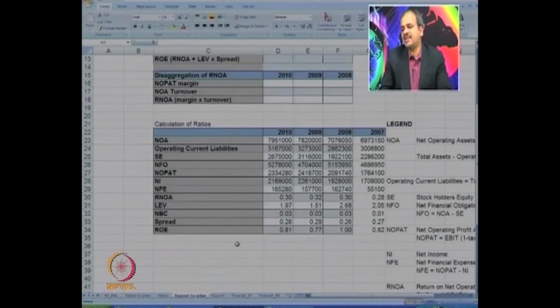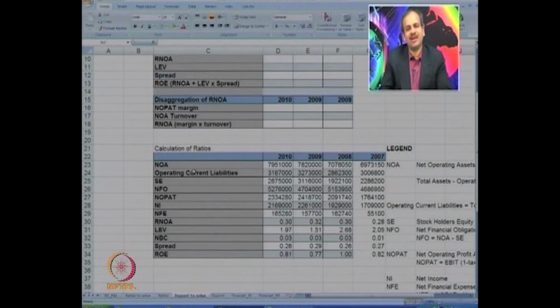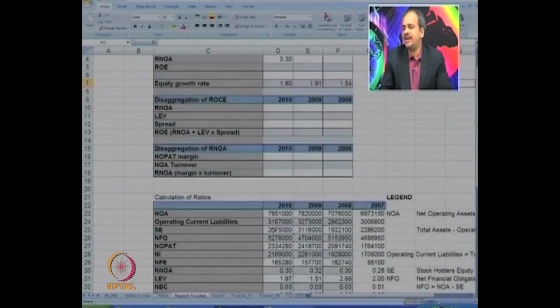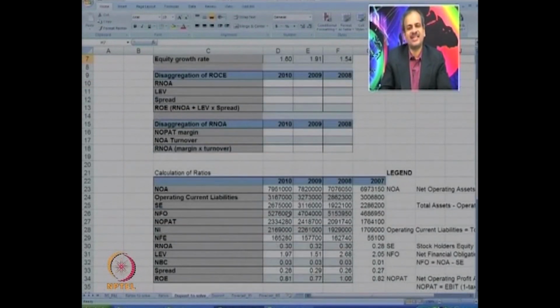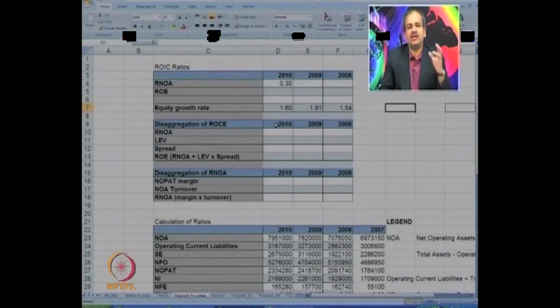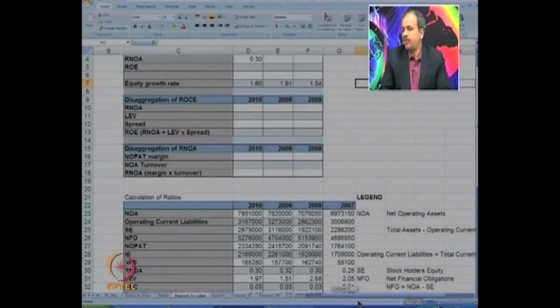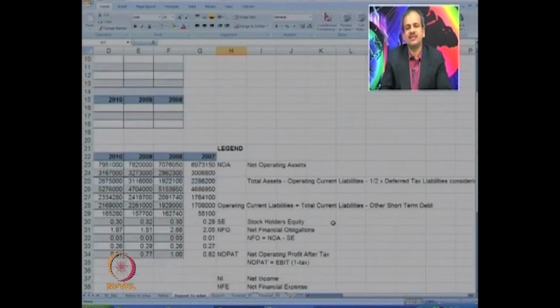In the DuPont analysis, if you remember, we have again calculated some of the ratios like NOA, operating current liabilities, SE and so on, and this much calculation we had done in the last session. We were to do the ROIC ratios and disaggregation of ROC and so on. Have a look at some of the key terms.